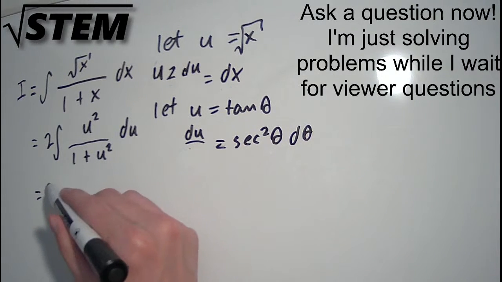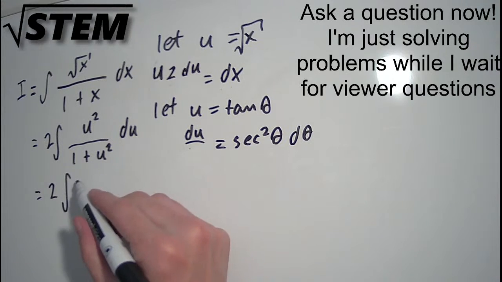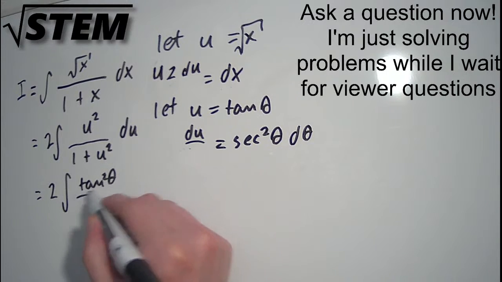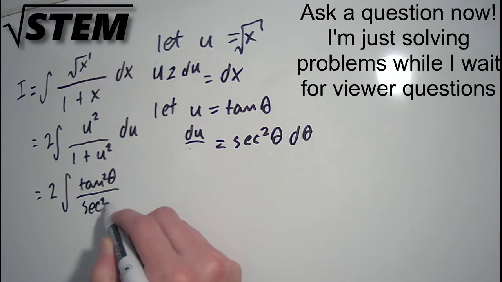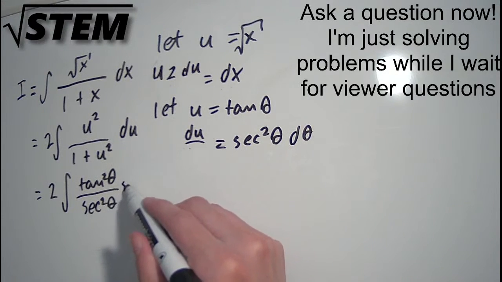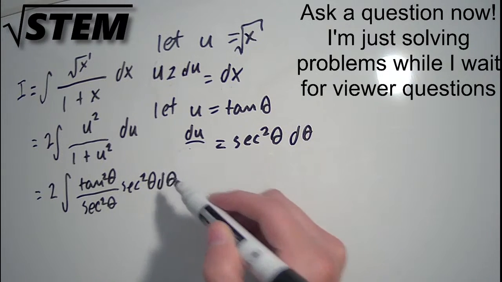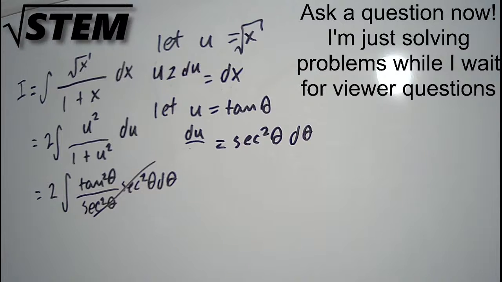So we would get 2 times the integral of tangent squared on top from the u squared, 1 plus tangent squared equals secant squared, so we would have secant squared on the bottom, du becomes secant squared d theta, so the secant squareds cancel and we have the integral of tangent squared, which I believe is another one that we can get from a table. Yep, tangent squared integrates to tangent of u minus u.